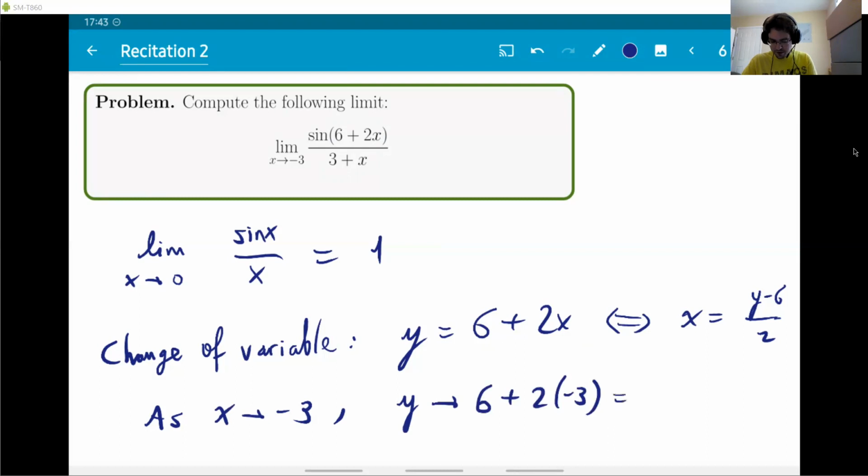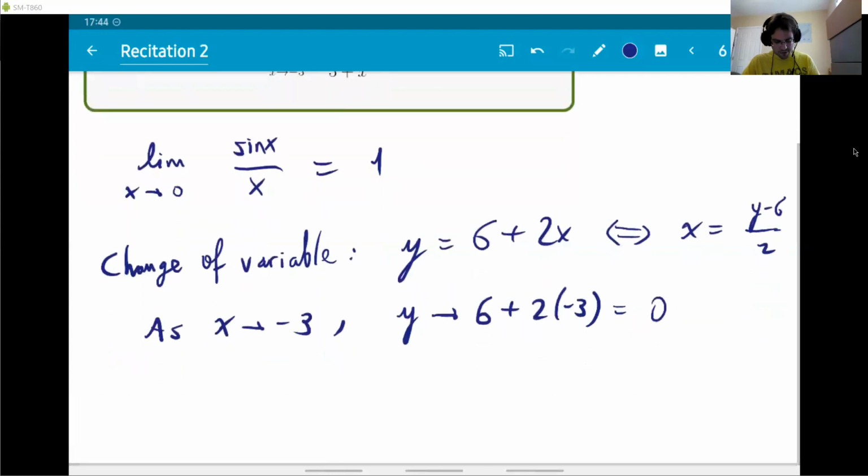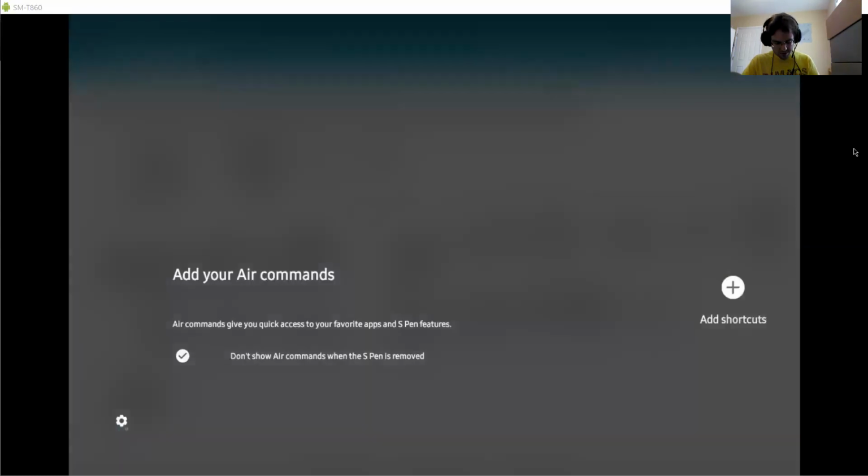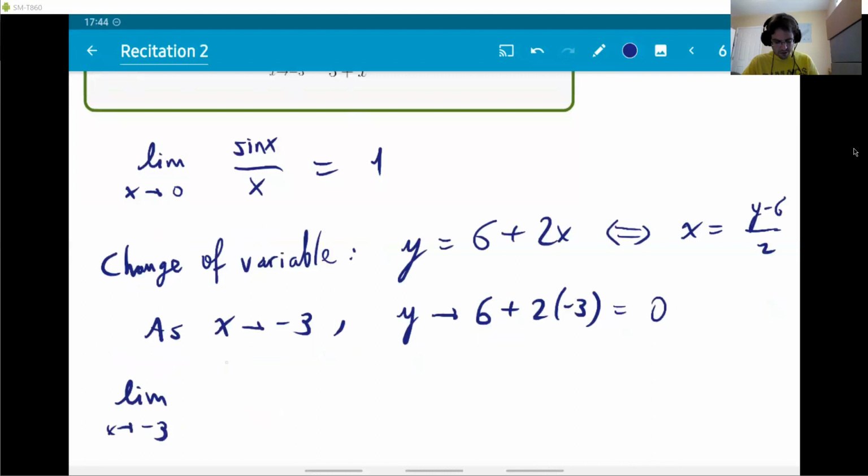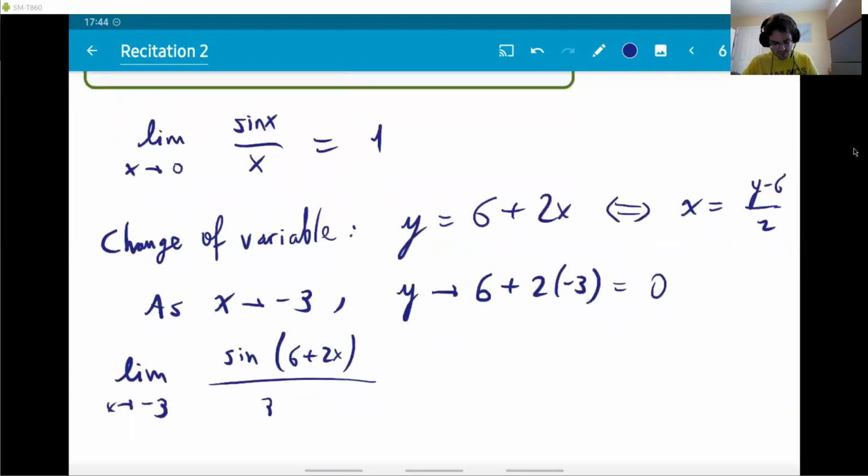And as we had remarked, it gives you a 0. So what that means is that you can now rewrite your original limit in terms of x using the variable y. But the limit changes. As x goes to minus 3, y goes to 0.